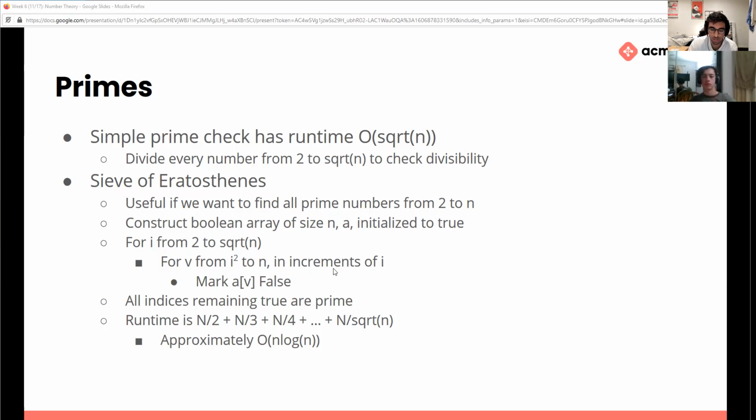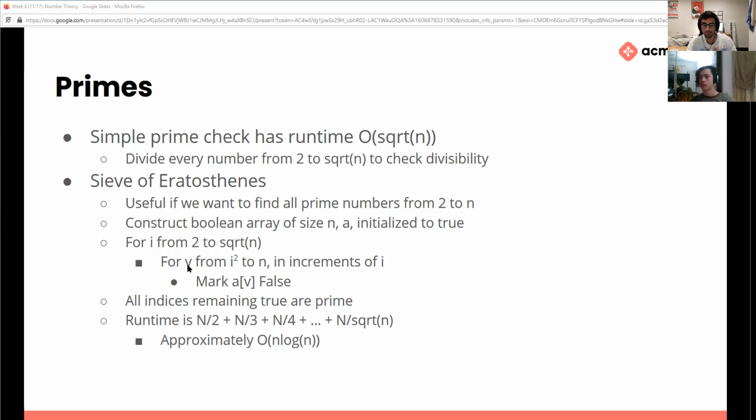What we're basically doing is, for each number, we mark all its multiples as false, right? When i is 2, we're marking all even numbers greater than 4 false, because they're not prime numbers. And for 3, we're marking all numbers divisible by 3 false.